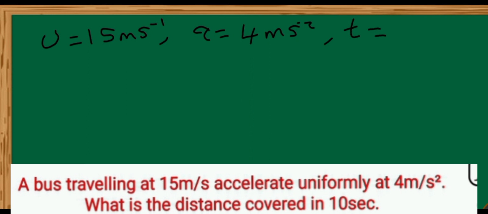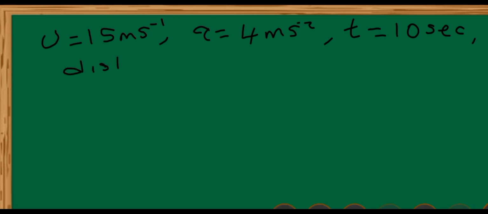That is the first velocity, the initial, which is 50 meters per second, and the acceleration is 4 meters per second square, and the time given is 10 seconds. What we're looking for is distance. What formula are we going to use here again? Is it the same formula? s equals ut plus half at square.